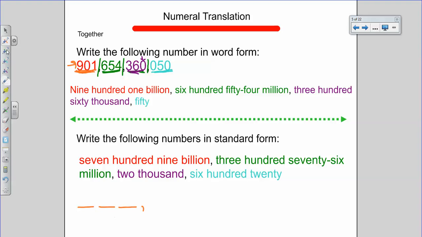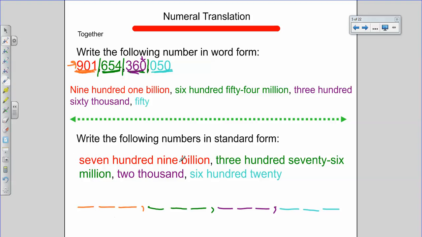I'm going to have a comma. Then in my millions, I'm going to have 1, 2, 3. I'm going to need a comma. In my thousands, I'm going to need 1, 2, 3 numbers. And in my ones, I'm going to need 1, 2, 3 numbers. So I always like to put these little placeholders in, and then I know that I'm not going to get tricked by anything.